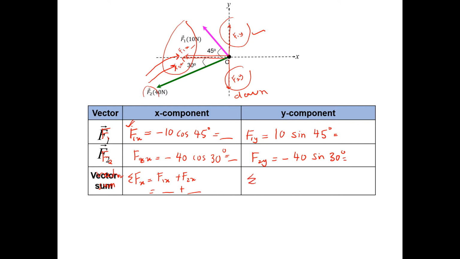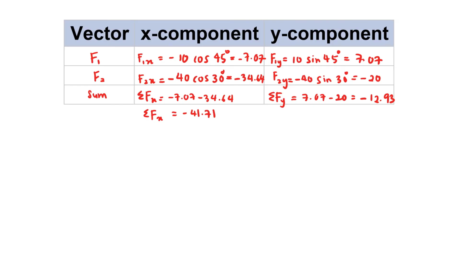We are going to find the total component of y, so we add up the two vectors, F1y plus F2y. You have got the value here. You are supposed to get a negative sign here, so remember, you have to include the negative sign in the calculation. It is going to be plus negative something, and then you can find the value.